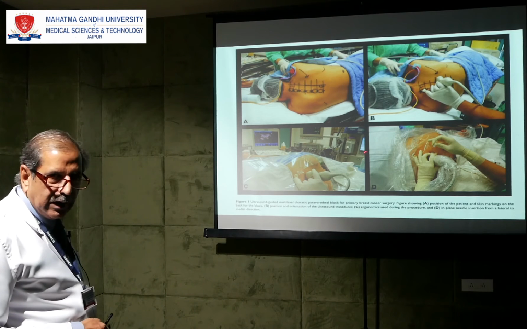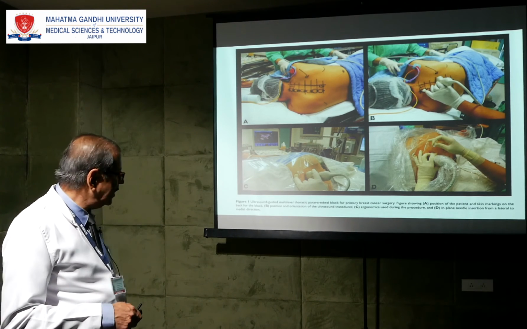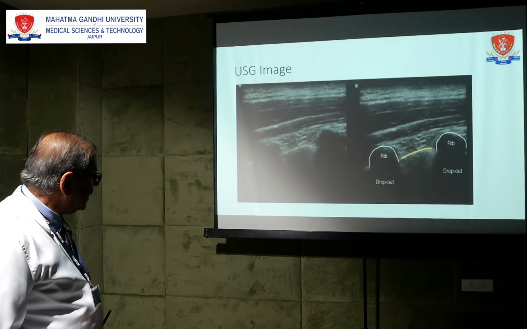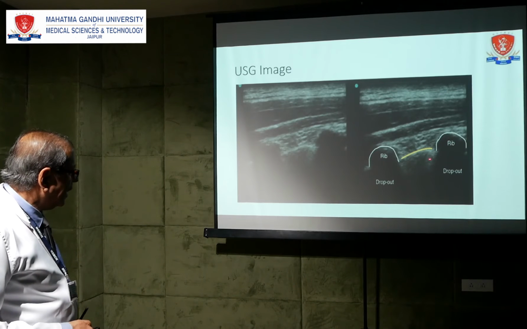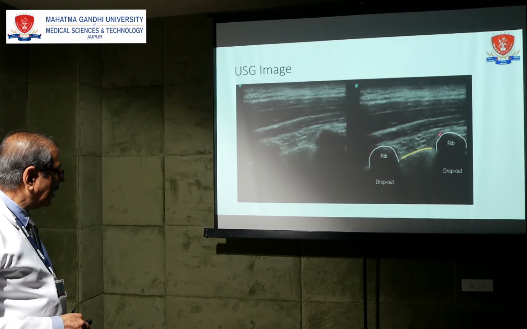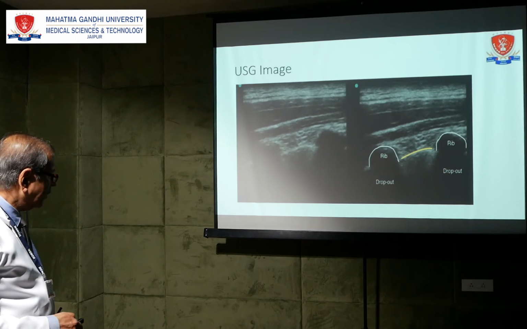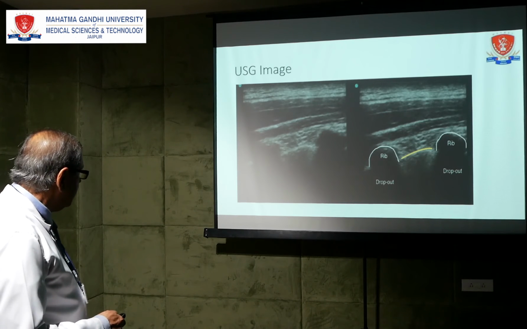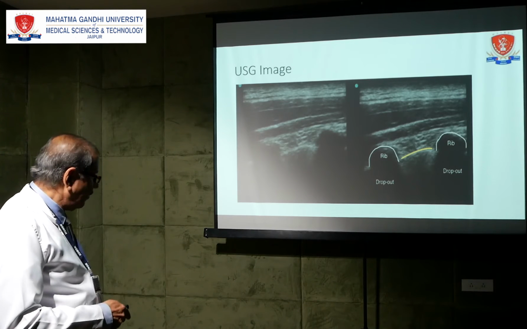That appears like a bright star on the ultrasound. As I mentioned, when you are lateral, the ribs are seen and they are round in shape and smaller, and when you move medially, then the transverse processes can be seen which are flatter.